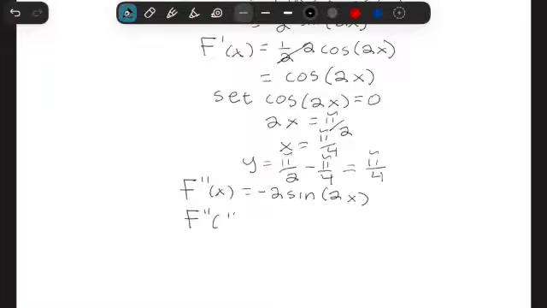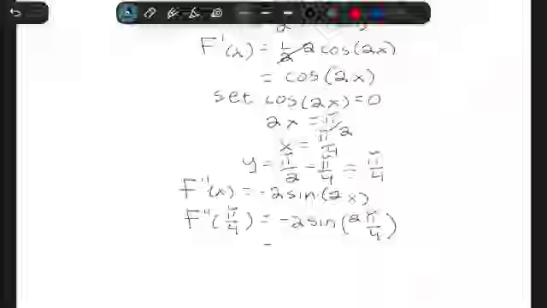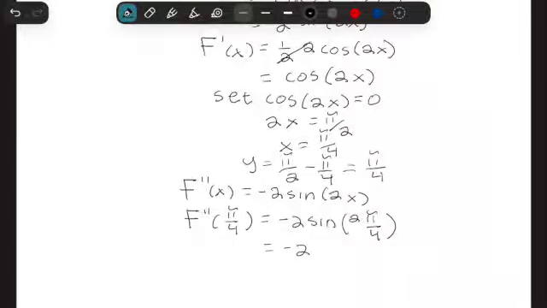So f double prime of pi over 4 equals negative 2 sine 2 times pi over 4. Simplifying this, we get pi over 2.